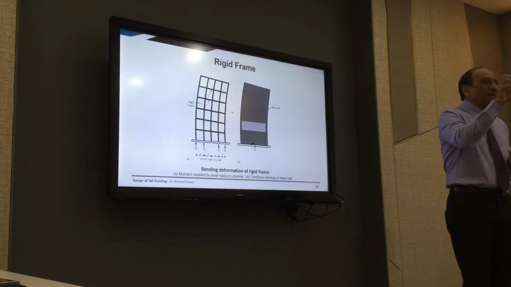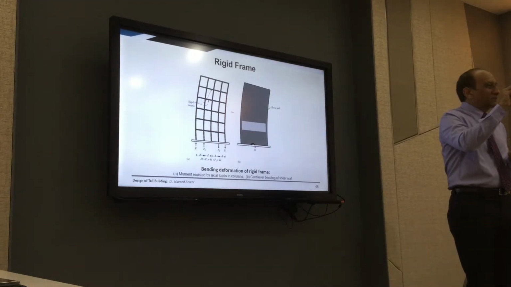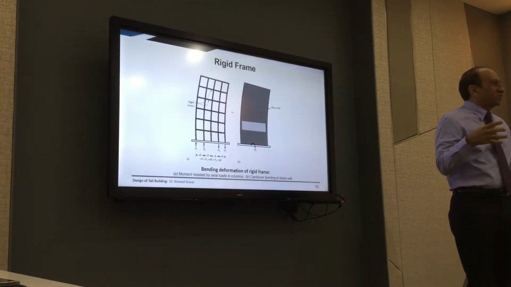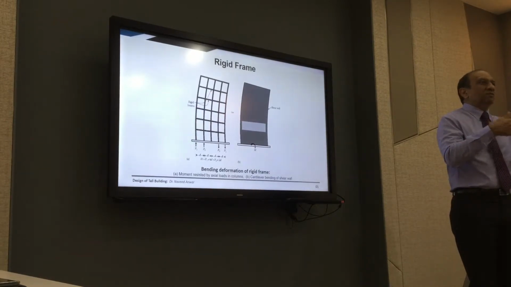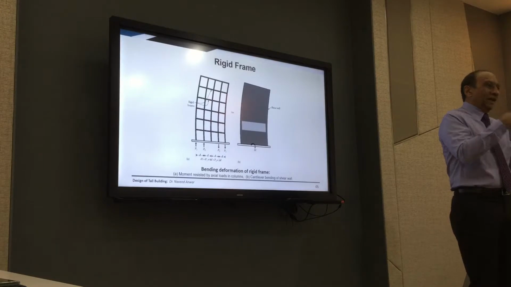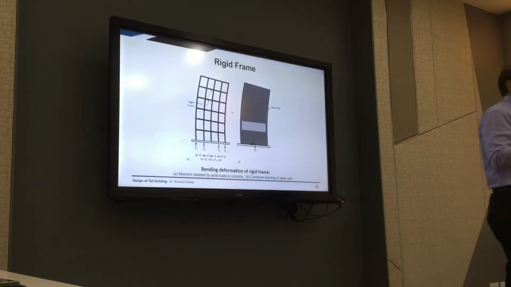Only the opening starts to become larger and larger. And in the other direction, the opening starts to become smaller and smaller until it becomes zero. So there is a smooth transition between the two. And during that time, the behavior changes from pure shear to pure flexure. And in between, it will be a mixed behavior, right?